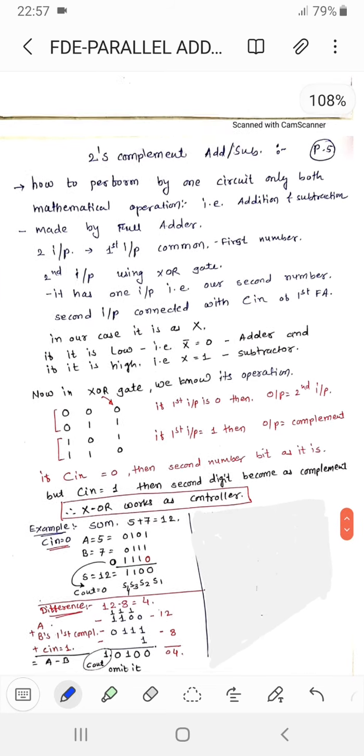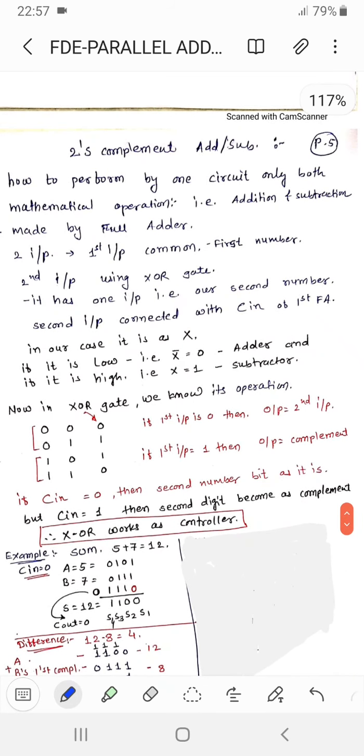How do we perform both mathematical operations, addition as well as subtraction, by one circuit only?